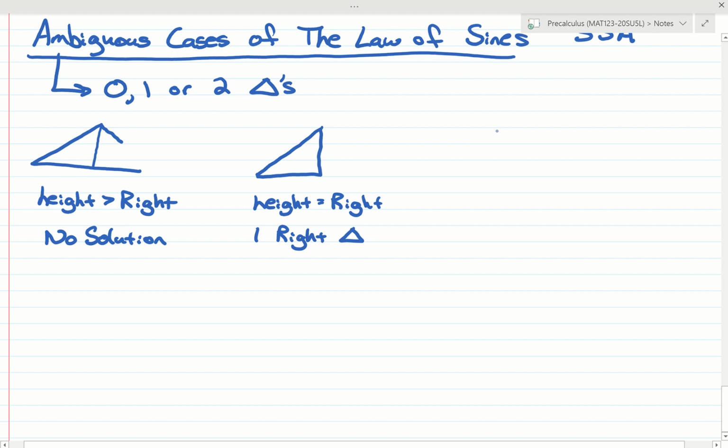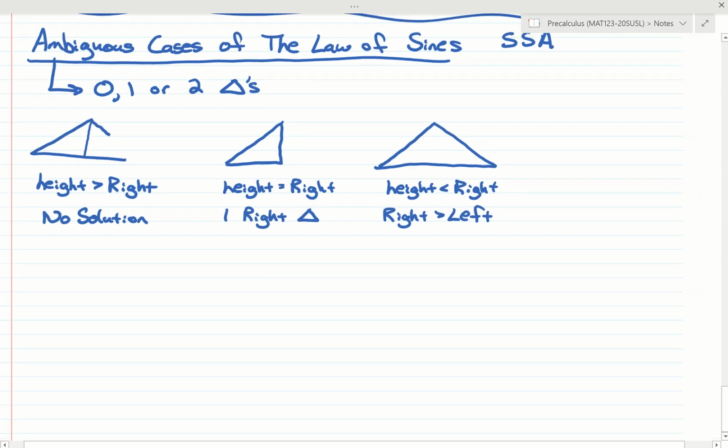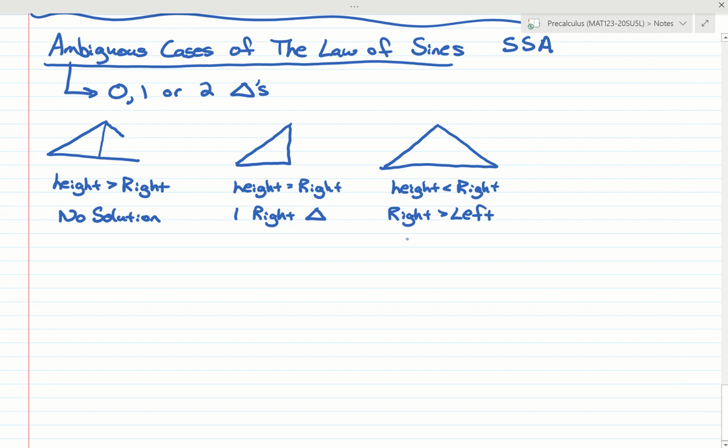It's also possible to get one triangle if when you go to draw it, the height is smaller than the right side, but also the right side is longer than the left. Then we would also get one triangle.